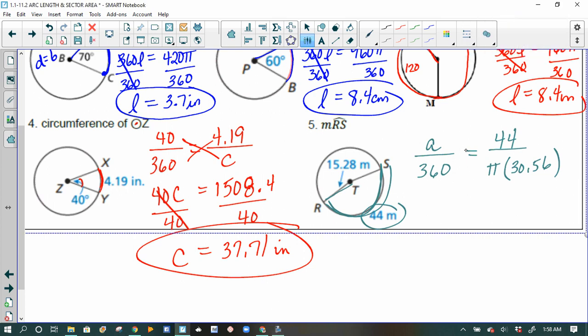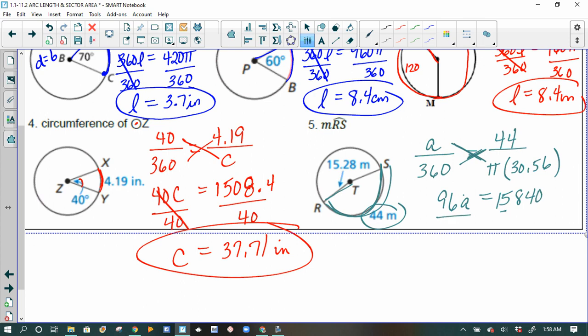All right, so we're going to cross multiply. So 30.56 pi is 96. So this is 96a. I went ahead and multiplied by pi this time. And then 360 times 44, which is 15,840.